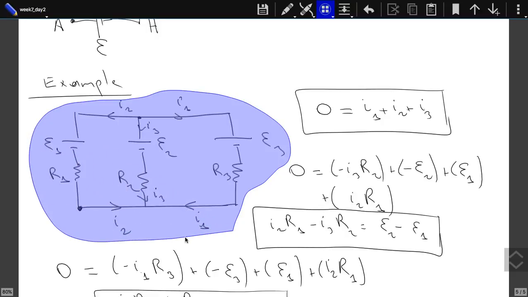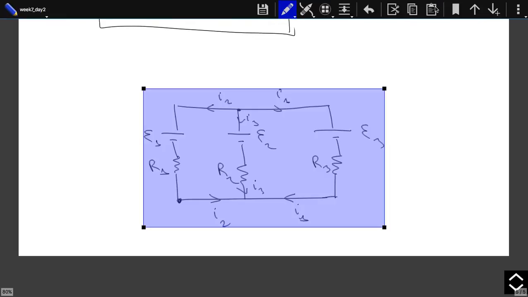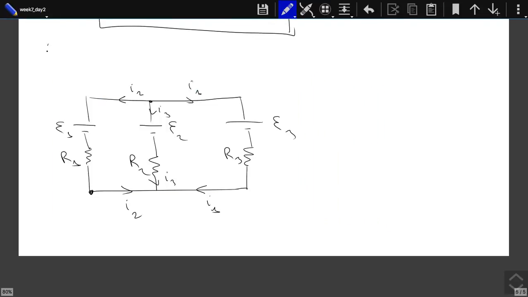Let me just take the same circuit. Okay, what would you like to change? Somebody? Which directions would you like to change? Well, if you change all of them, it's not interesting. I mean, you get the same equations, exactly the same. You want to change I2 and I1?